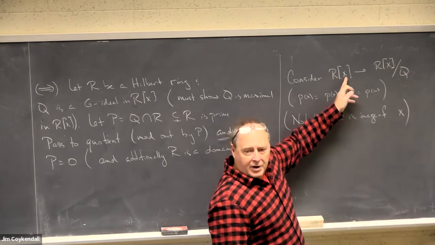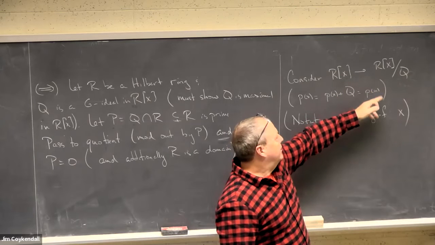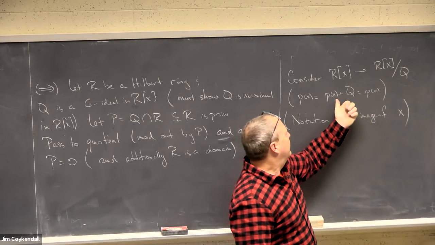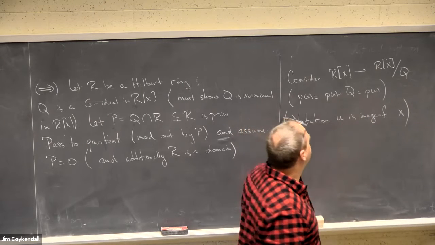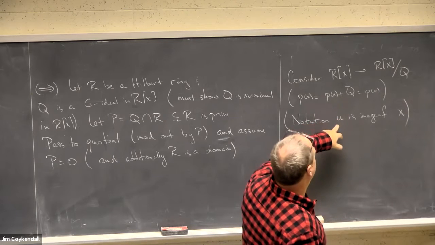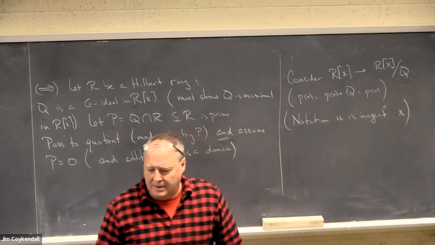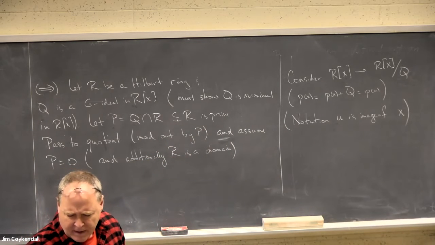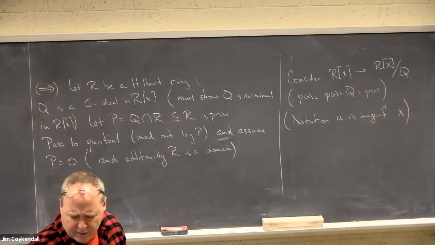So really, this canonical map takes X to the coset X plus Q. My notation is, instead of writing out the cumbersome cosets, I'm going to let U be the image of X under this homomorphism. RU is a G domain.